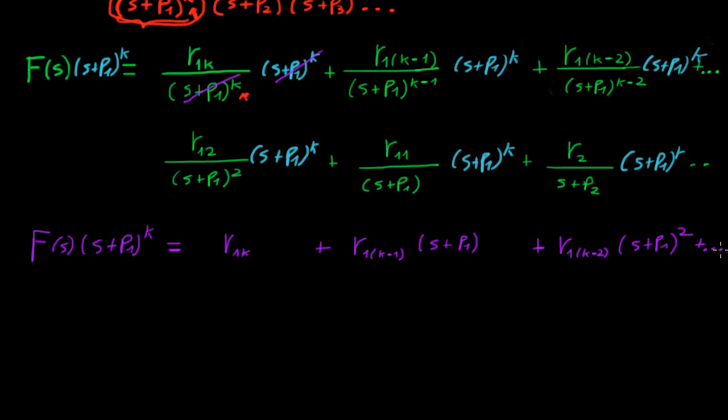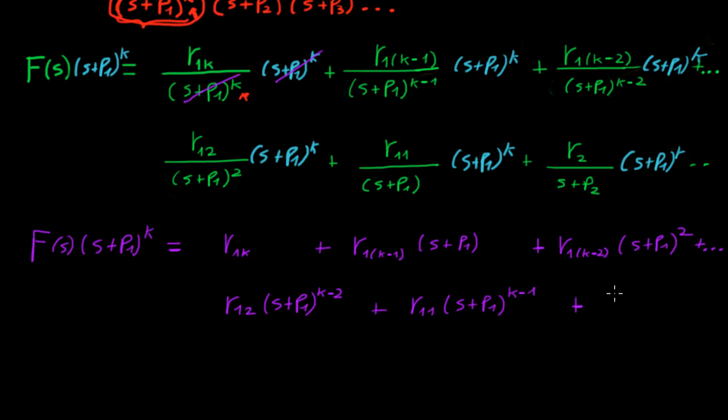The same thing with all the other terms, so r12 times s plus p1 to the k minus 2 plus r11 times s plus p1 to the k minus 1.